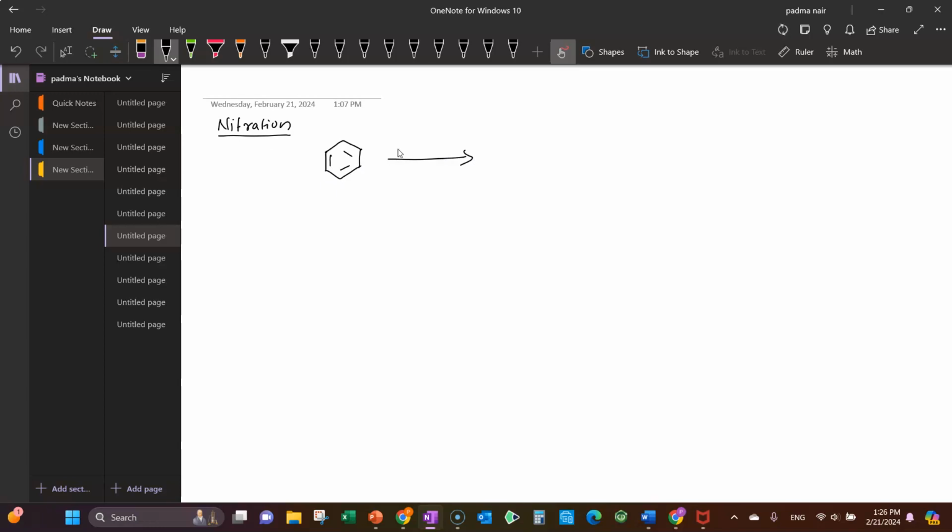For the nitration, the reagents that you will need are concentrated HNO3 and H2SO4. Both are strong acids for the formation of the electrophile, which is a nitronium ion. In the overall reaction, the hydrogen in the benzene has been replaced by the nitronium ion, NO2+.